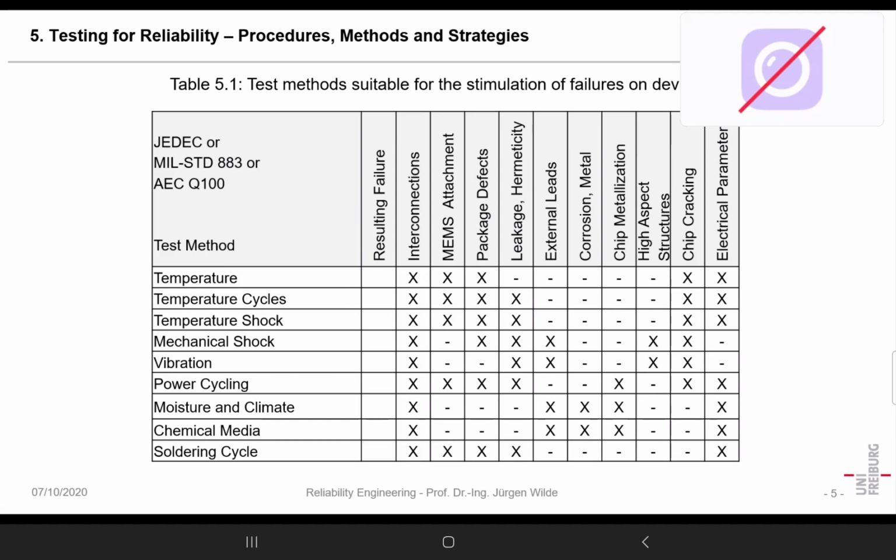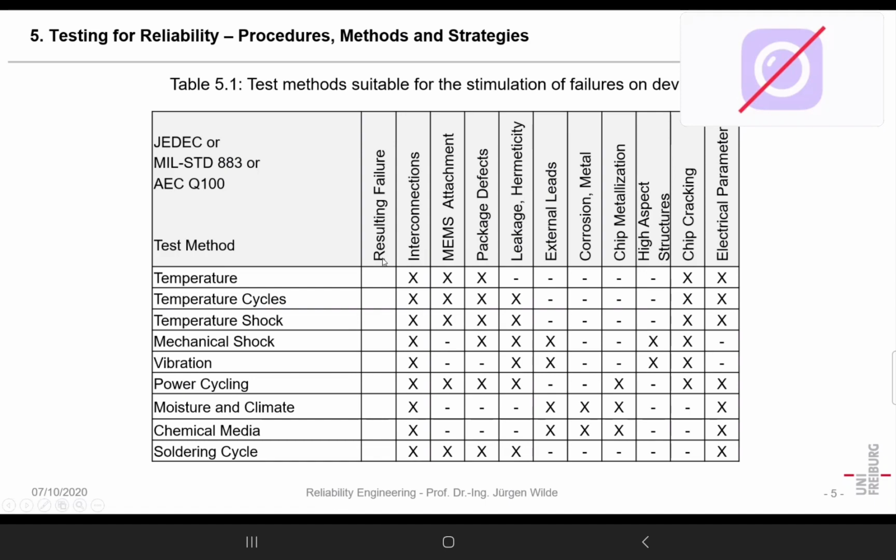The reason is we want to accelerate failure. And that you can only do by increasing the load and increasing the stress on the device. So that's clear. And in that way, just by stressing more, you can introduce other failure modes.